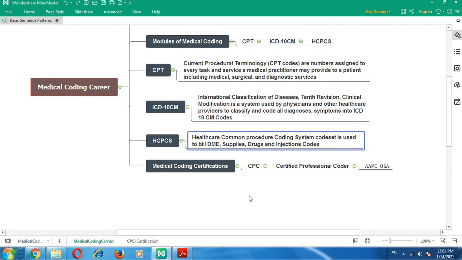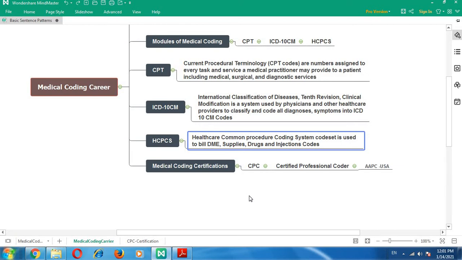These codes are usually used to bill durable medical equipment and supplies like a diabetes glucose monitor machine, the pap smear machine, meaning all the equipment that is used at home by the patient, and all the injection drugs that are injected by a doctor to a patient. All these are converted to the HCPCS code set. So this module includes all this information in code format. These are the three modules which come under medical coding.